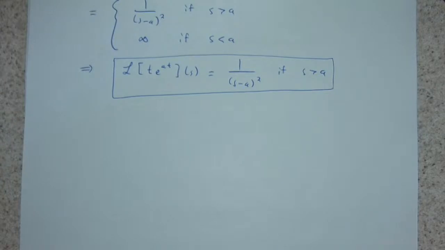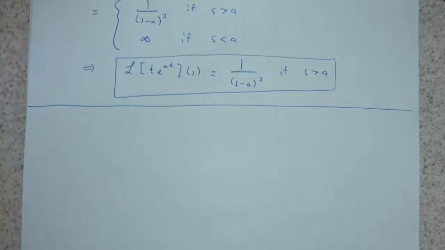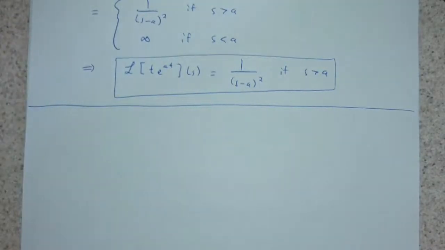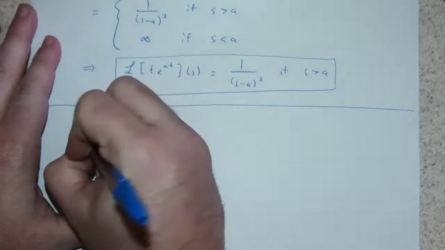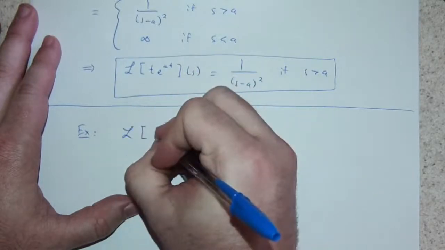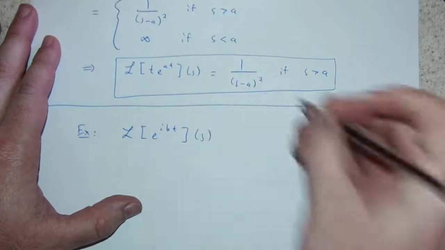All right. So let's do another example. This example is going to be nice because it's going to allow us to really nail down a lot more. It might not be that apparent at first that this is going to allow us to do some extra stuff, but let's do a quick Laplace transform computation of e to the ibt of s.